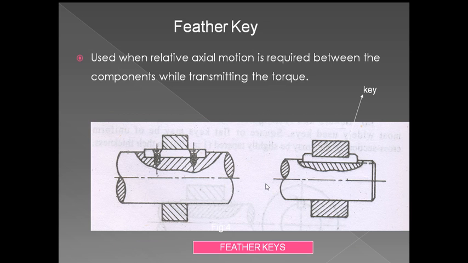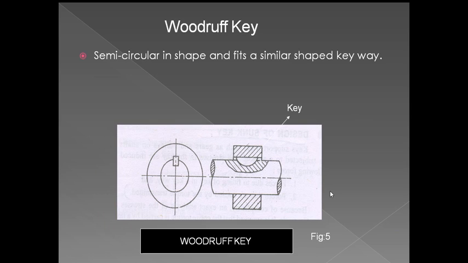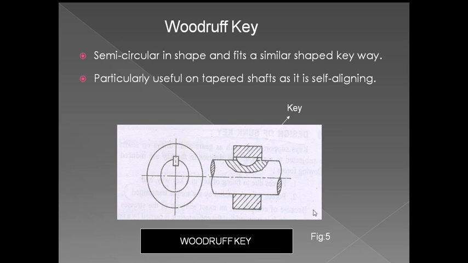The feather key is used for relative axial motion between the shaft and hub. It transmits the torque as well as allowing axial movement, because the key is fixed to the keyway using screws so that the hub can move to and fro along the keyway. The Woodruff key is semicircular in shape.